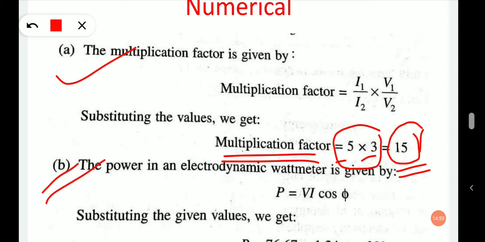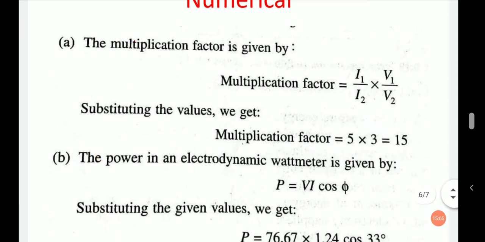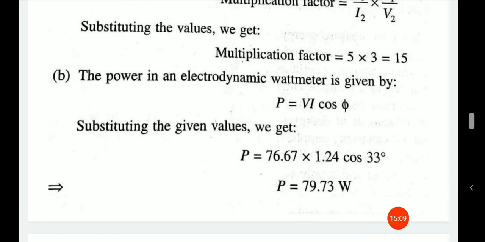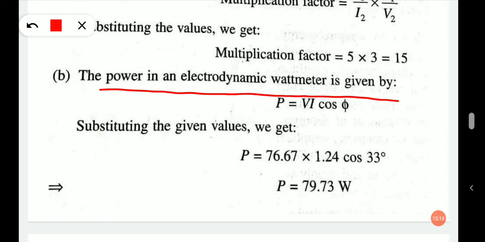Now second part, power measured by wattmeter. Okay, so here the power in an electrodynamic wattmeter is given by P equals to VI cos phi.